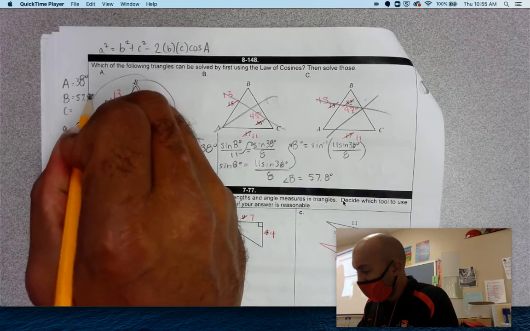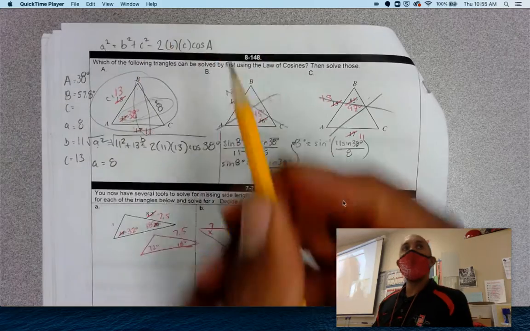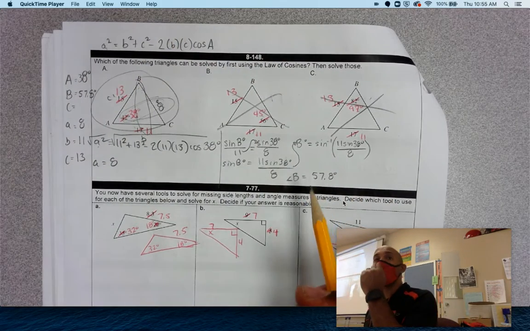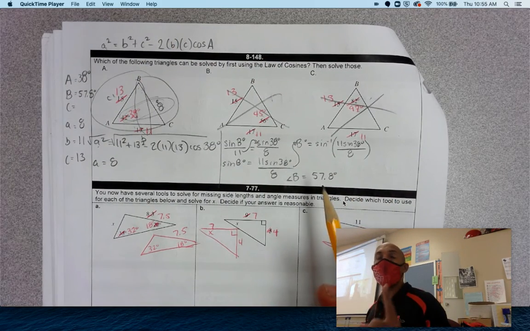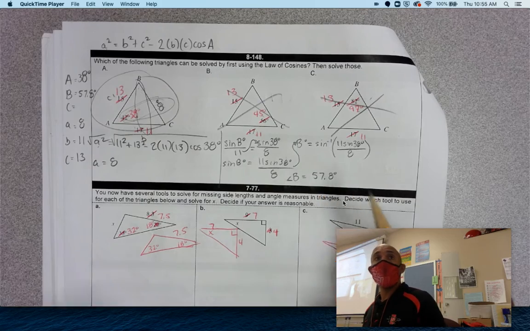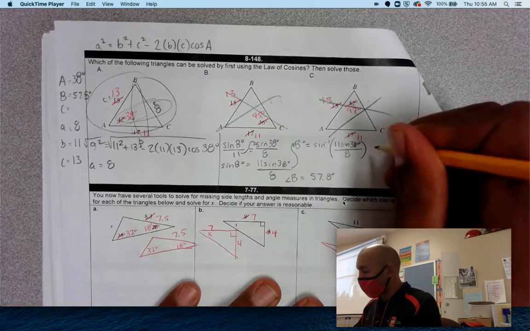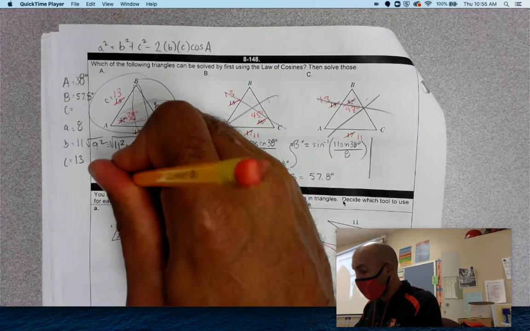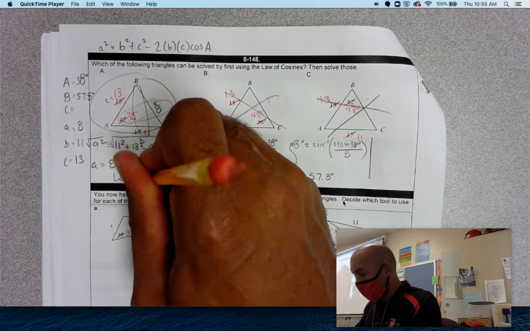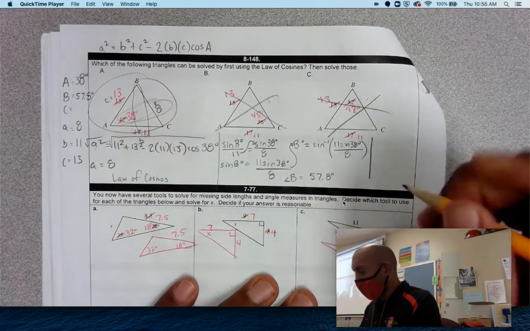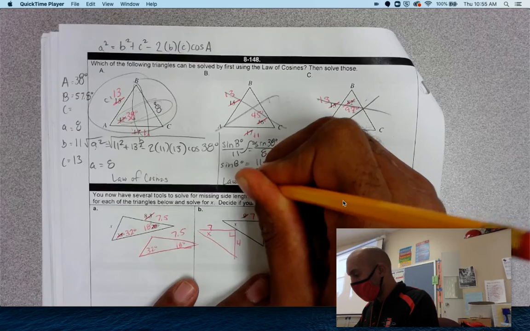Now, we have one more angle to find. If I have two angles, and I know that every triangle adds up to 180, I can use the triangle sum theorem. So first we use law of cosines. Then we use law of sines.